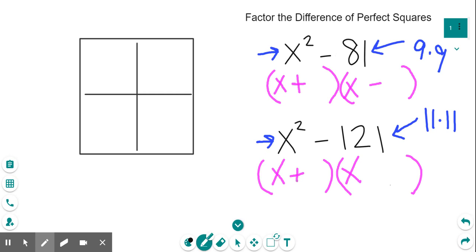So I'm just going to put a plus and a minus in both of them. You're always going to have that when you're doing a difference of perfect squares because that middle term is missing. All right, and since 9 and 9 makes 81, I'm just going to put 9 here and 9 there. And since 11 times 11 makes 121, I'm going to put 11 here and 11 there. And that's it. That's how you factor a difference of perfect squares.